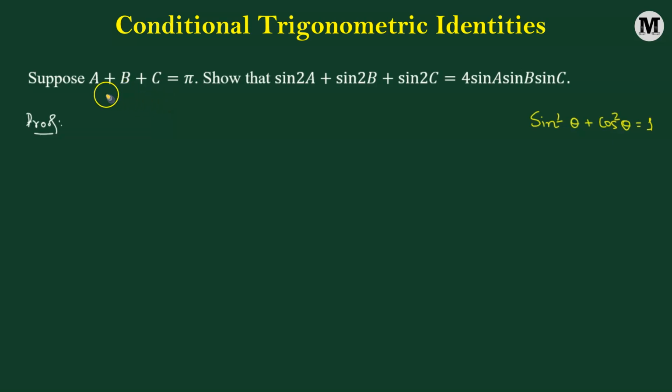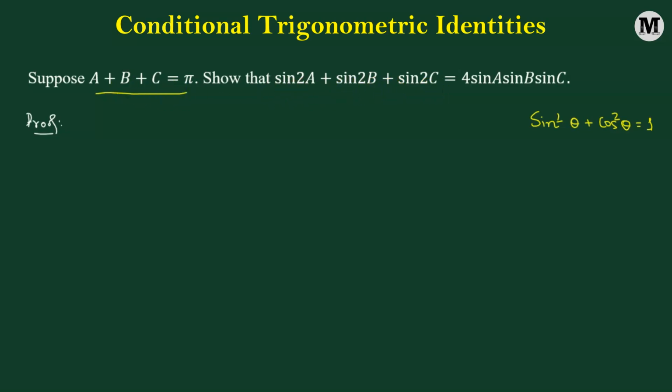However, in this particular problem, we have a condition: the sum of the three angles of a triangle must equal 180 degrees. That means we only consider values of A, B and C whose sum is always pi, and only for those values is this identity a true statement.